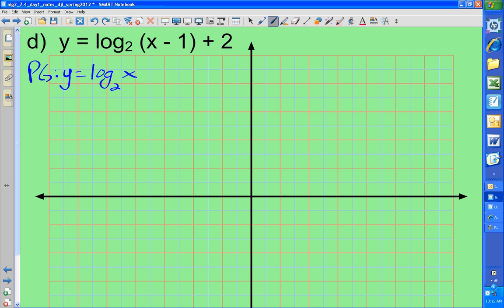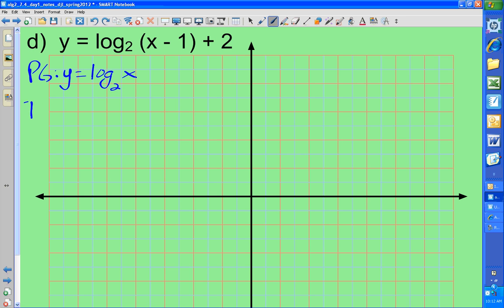You would go right 1 up 0. When y is 1, 2 to the power of 1 is 2. So you'd go right 2 up 1. And when y is -1, 2 to the -1 power? 1 over 2. So you'd go right 1 over 2, down 1.